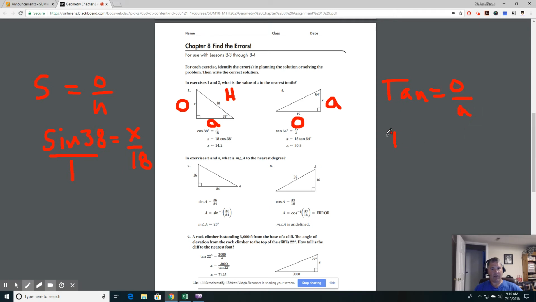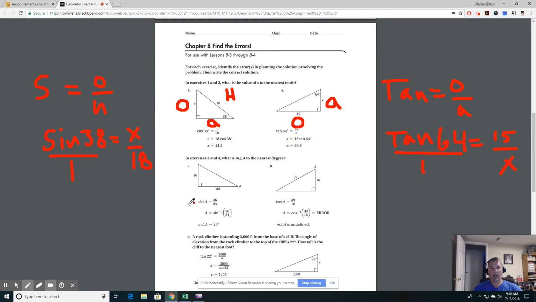So in this case, we have tangent 64 equals opposite 15 over x, and then I cross multiply. When we cross multiplied, it should be tangent of 64 times x equals 15.